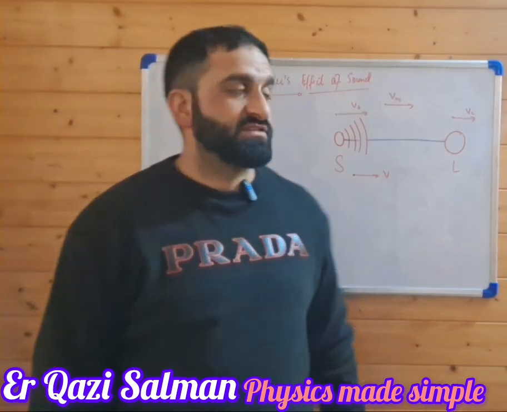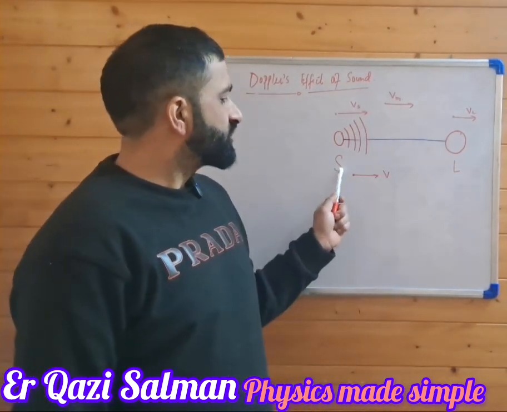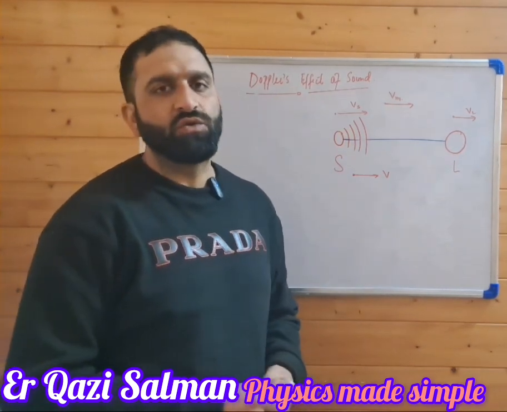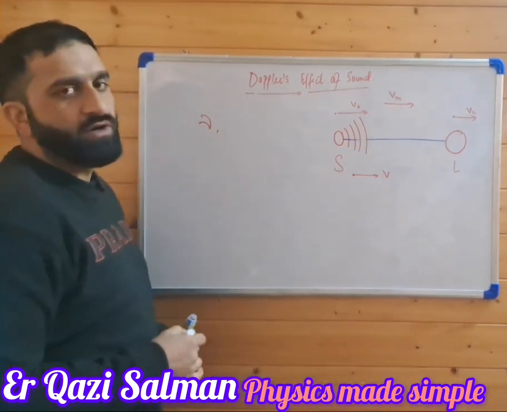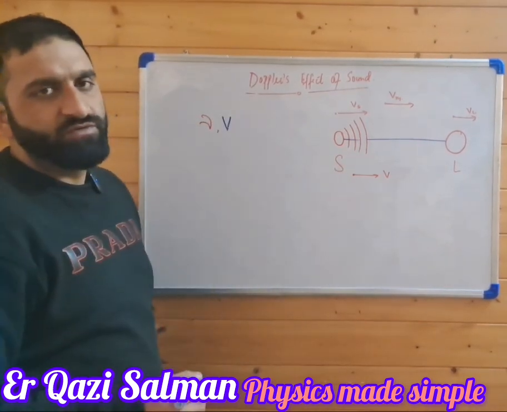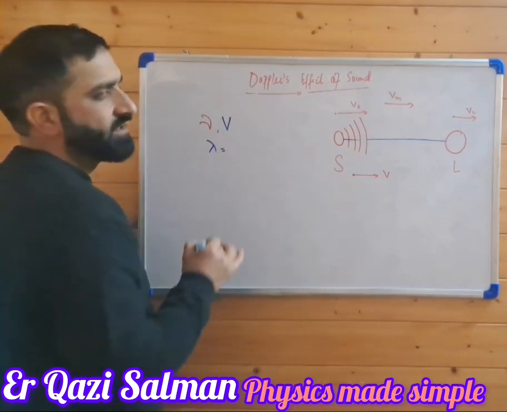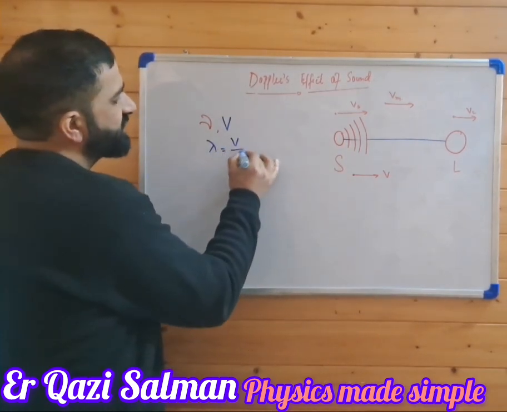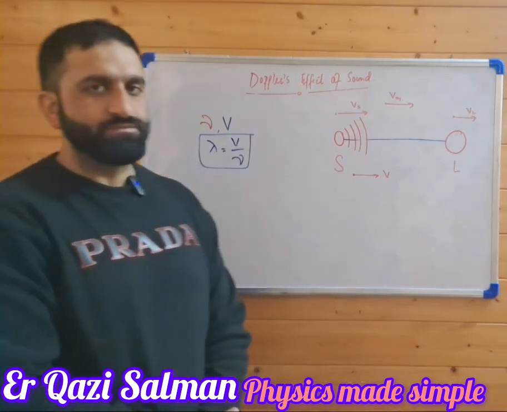Discussing the Doppler's effect in detail, let the frequency of the sound produced by the source be equal to nu, and the velocity of the sound in a medium will be equal to v. So the wavelength lambda is equal to velocity divided by frequency, so lambda equals v divided by nu.